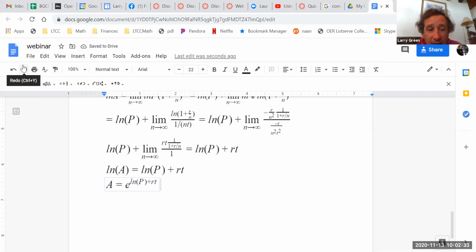But that's actually quite nice because that's equal, by exponent rules, to e to the ln of p times e to the RT. But what's e to the ln of p?